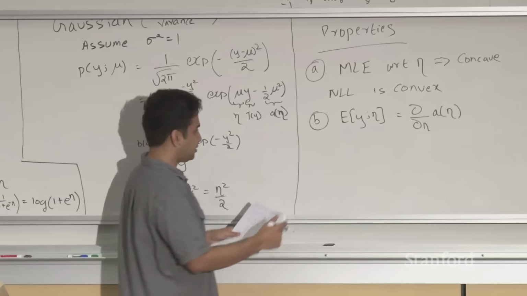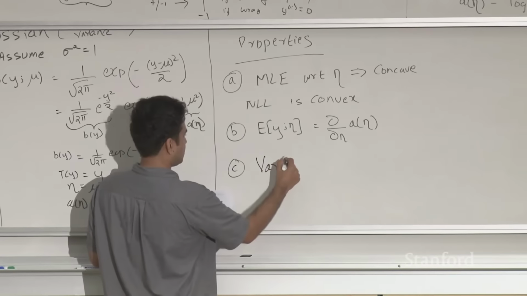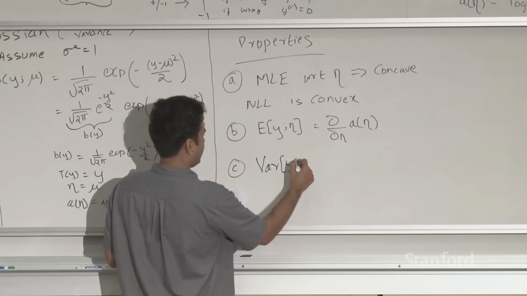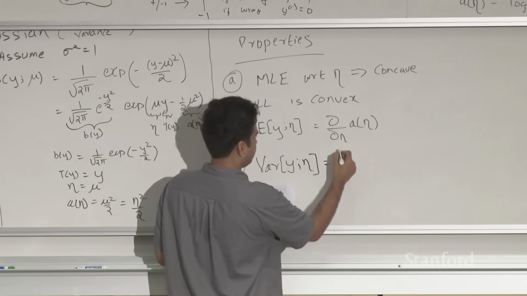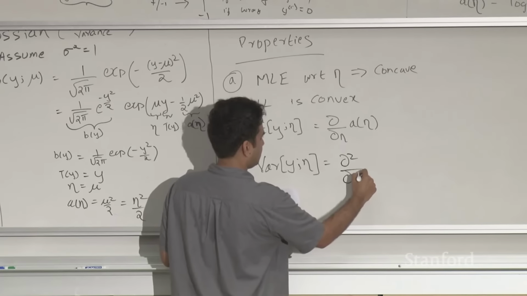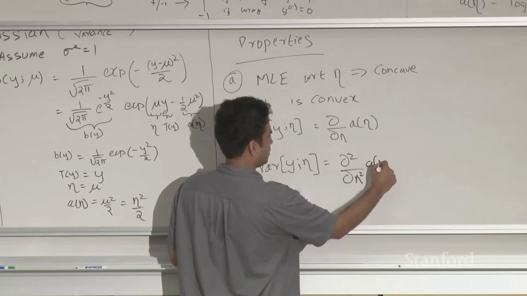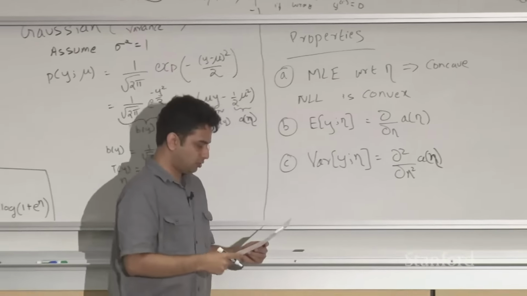And similarly, the variance of y parameterized by eta is just the second derivative. This was the first derivative, this is the second derivative.